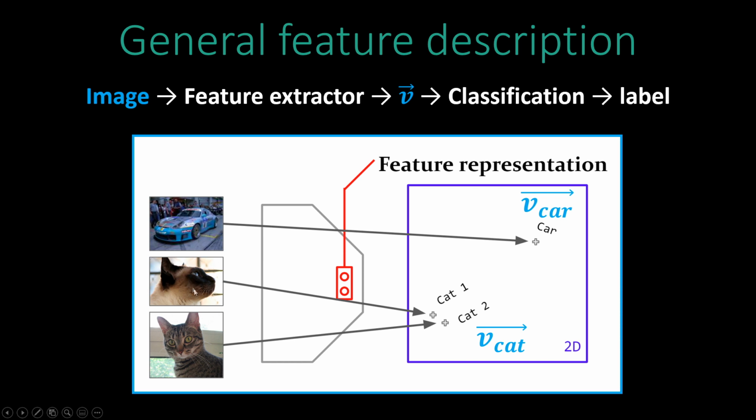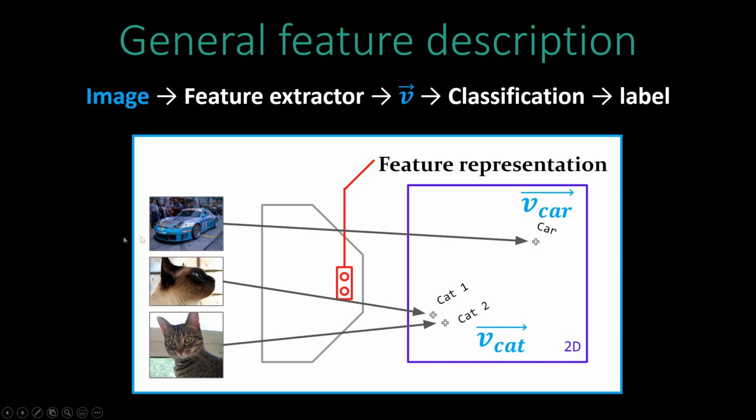Imagine that the dimension of this feature is 2, just two neurons here. If we plot these as points inside this 2D space, the images of the cats will be encoded into vectors very close to each other, so they will fall nearby each other in the representation space.